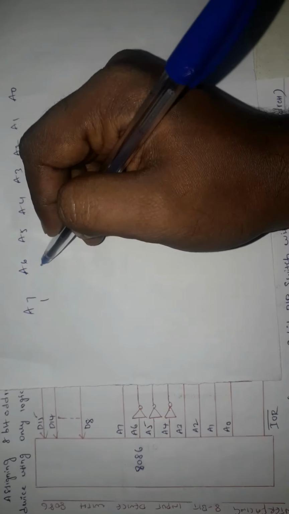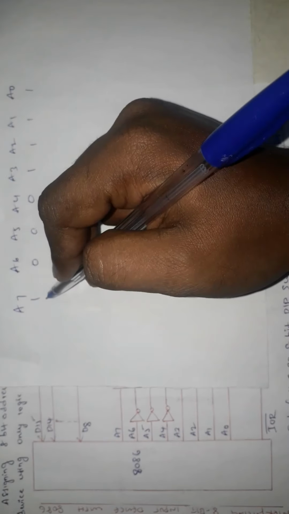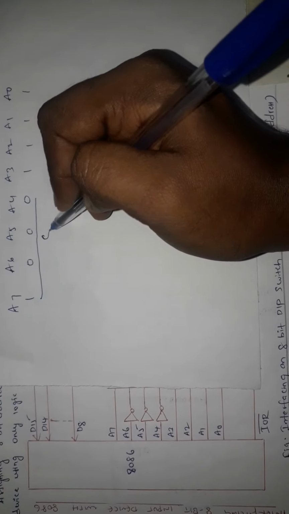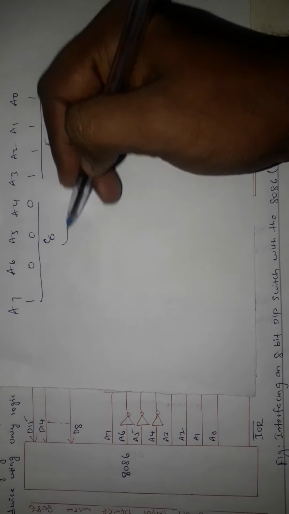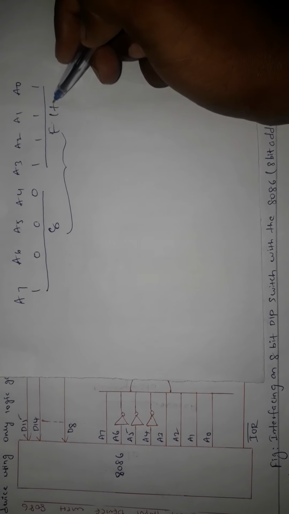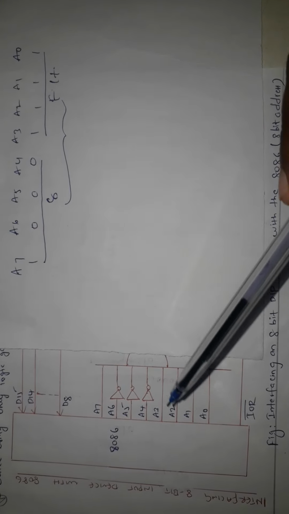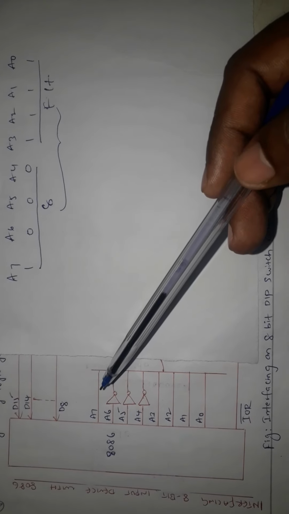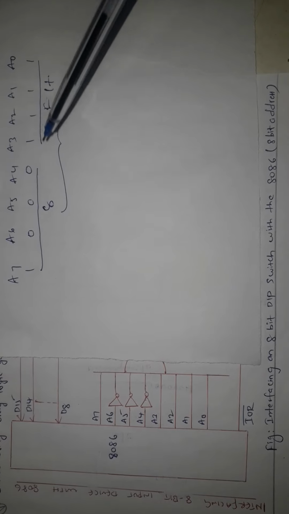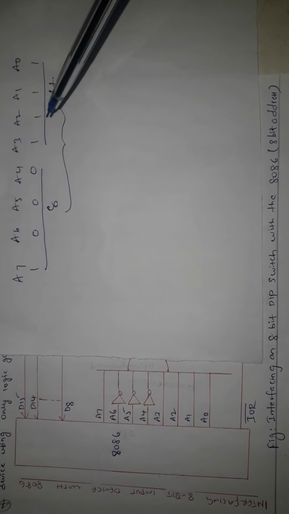The address we are giving here is 1000 for the value 8 and four ones for the value F. So 1000 gives the value 8 and four ones give the value F. The overall value is 8FH. So an 8-bit address 8FH is assigned to the switch, the input device.